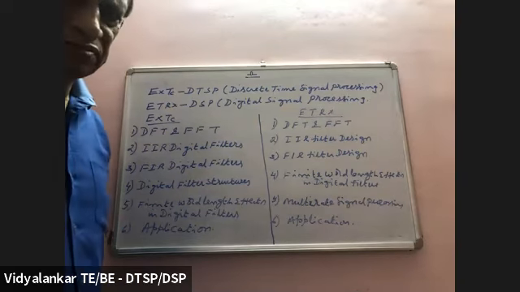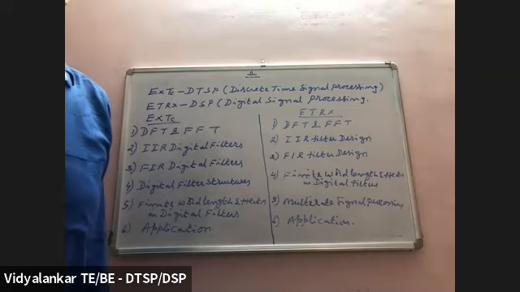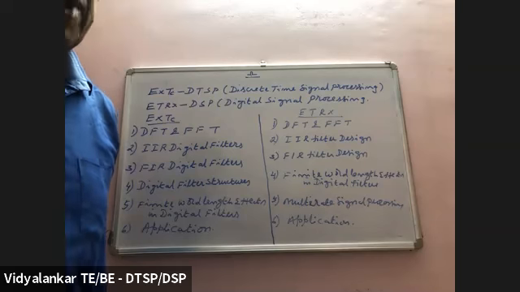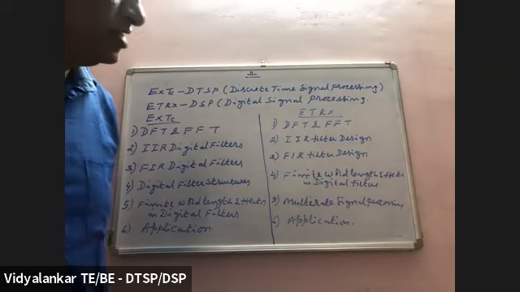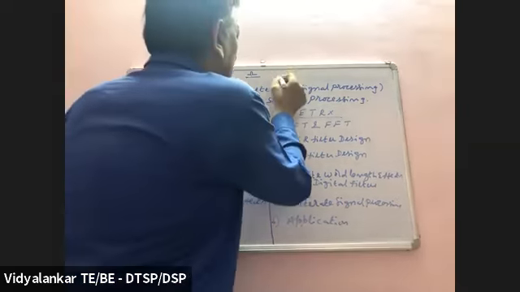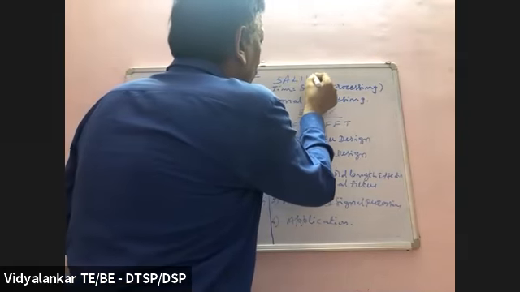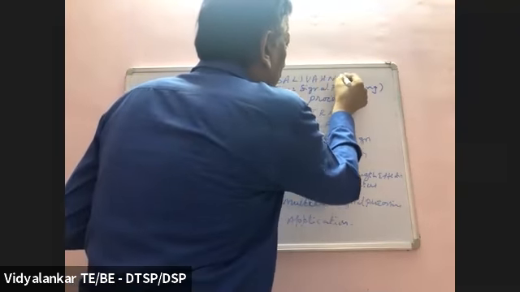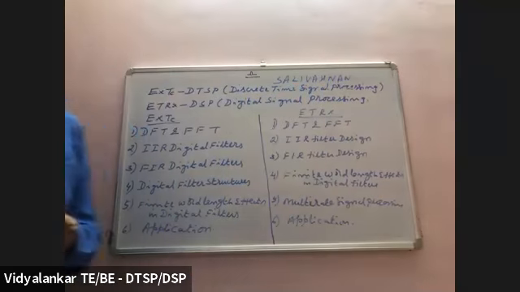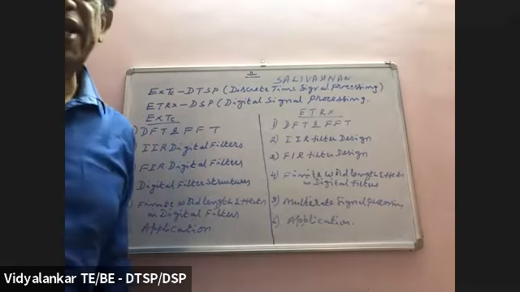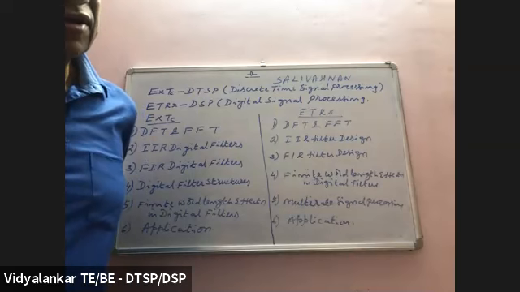Sir, what is the name of the third book? Digital Signal Processing by Salivahanan. DSP and Applications by Salivahanan. Which was the first one?